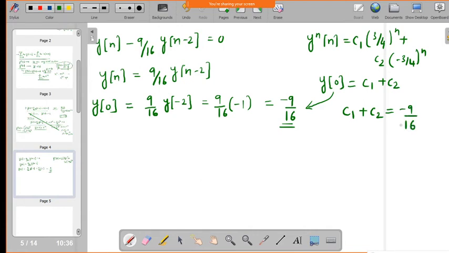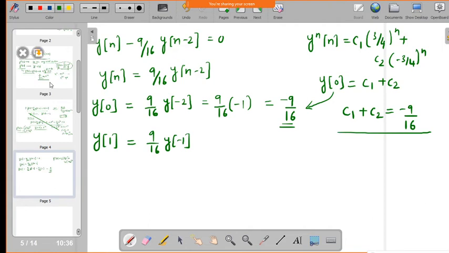Okay. So this is one equation. Now we need another equation to find the values of C1 and C2. For that you put n equal to 1 in this equation, y of 1. So if you put n equal to 1, you will get 9 by 16 into y of 1 minus 2, which is y of minus 1.